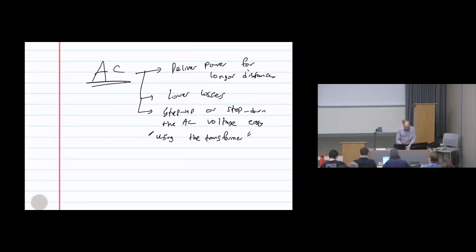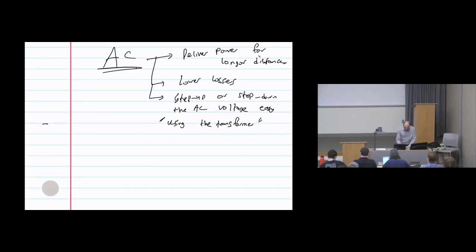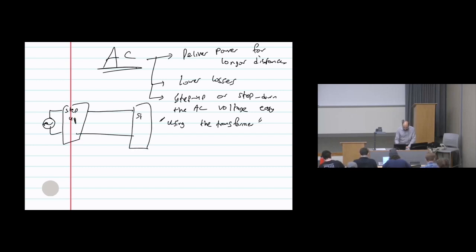So the overall approach of AC: here is the source. Then we will step up the voltage. Then it will go for a longer distance. Then step down the voltage. Then you will go to the load. Okay? That's the overall approach.